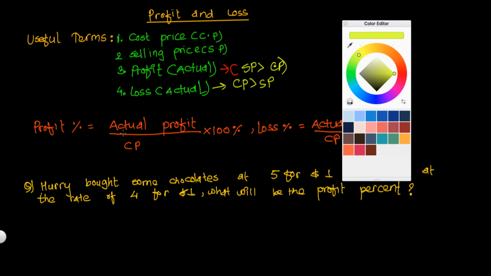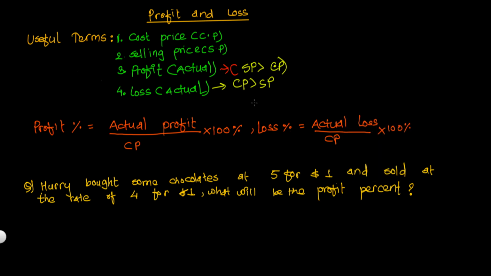Now let's talk about the profit percent. Profit percent is the actual profit amount over CP times 100. I want to mention one point here. Profit percent and loss percent both are calculated in terms of CP.